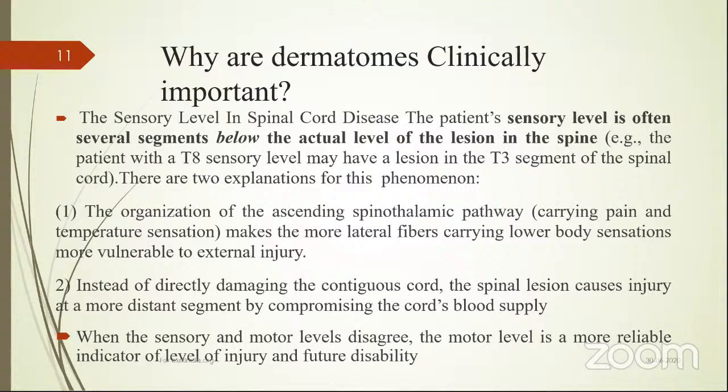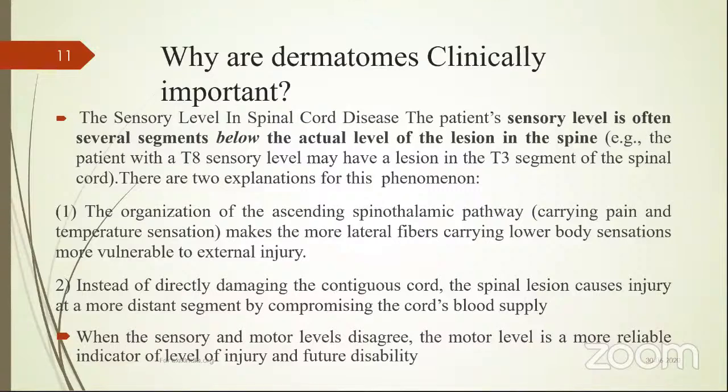So mostly if there is an injury to the spinal cord from outside, first lower limb sensation will be affected, because the outermost is the sacral. So first sacral will be affected. Still, if the injury penetrates inside the spinal cord, then only cervical comes to be affected. So that is one way they explain the organization of the ascending spinothalamic pathway.